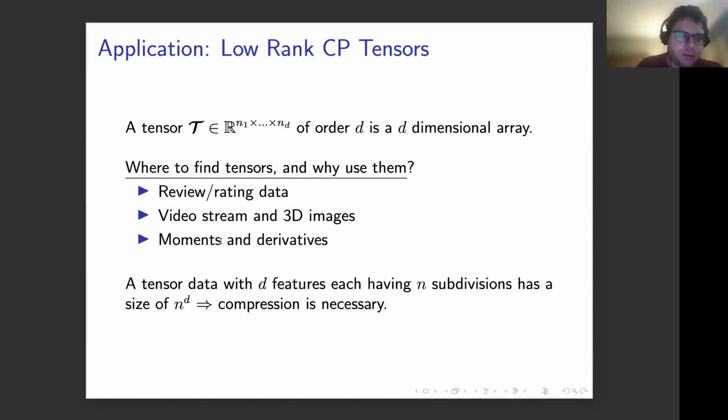Moments of multivariate distributions are tensors, and also derivatives of multivariate functions evaluated at some point are tensors. These are like higher order versions of covariance matrices and Hessian matrices, respectively. And so these are fairly ubiquitous. A salient thing about them is that they're very big. You have n1 times n2 up to nd numbers describing one tensor.